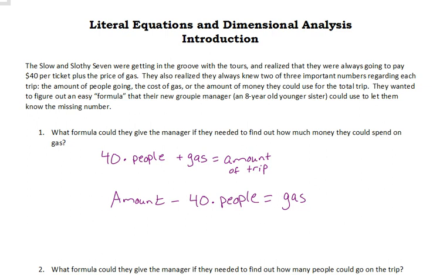Okay, when we look at formulas, that's kind of a weird looking formula, so let's go ahead and use the algebraic way. We're going to say that people equals P, because usually we don't have words in our problems. So gas equals G, and the amount of the trip is going to equal A. Rewriting this, we take the amount and subtract 40 times P, and that's going to equal how much we have left over for gas.